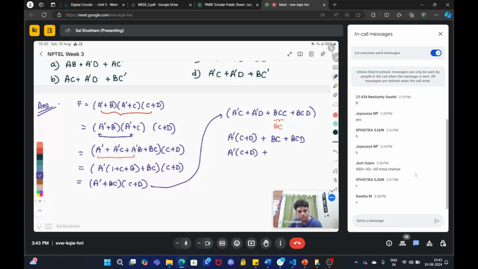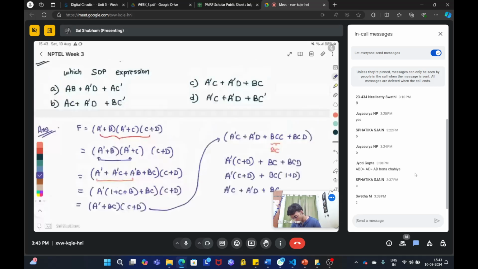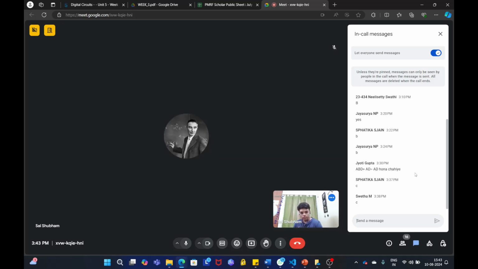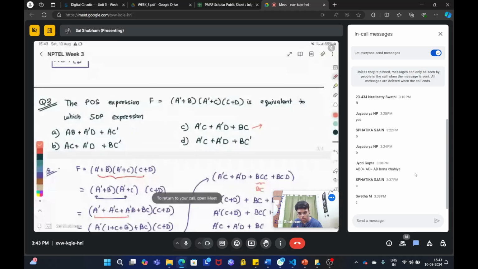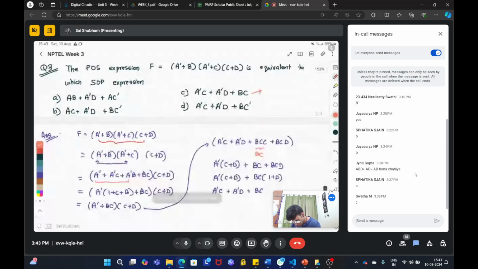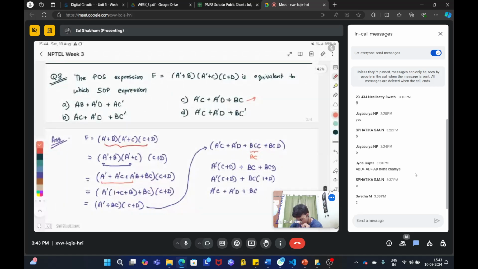This is the answer then. I think my screen froze. Fine. So option C is the answer.